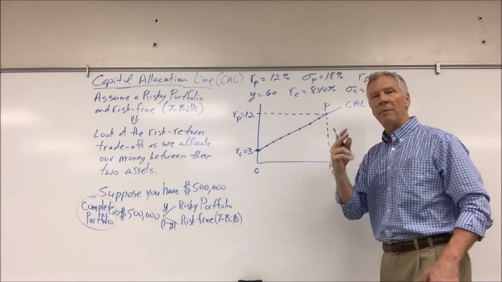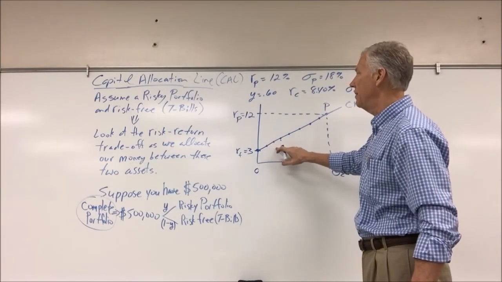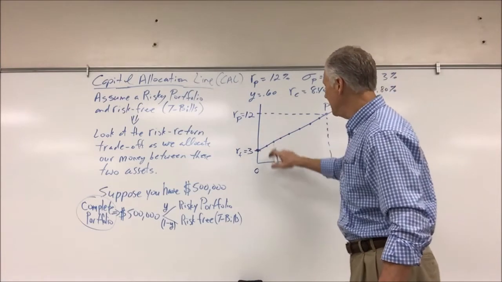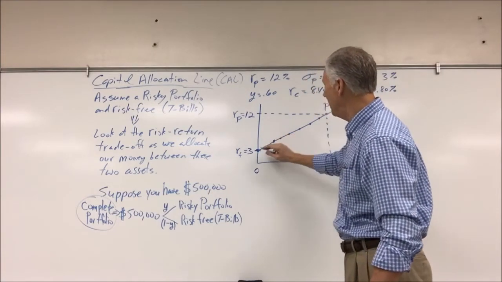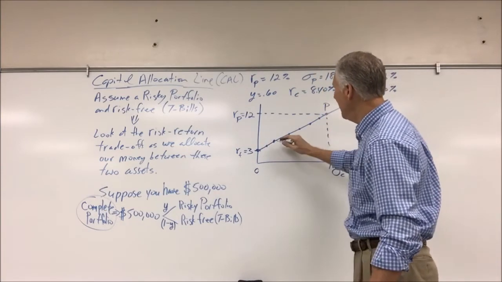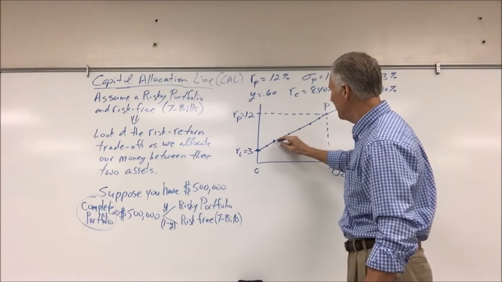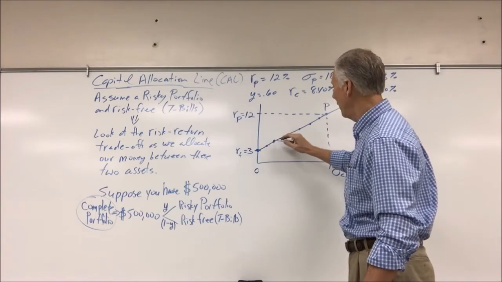Each of these points on this line represent really two different things. A point on this line can represent, obviously, the risk associated with this portfolio. This portfolio is made up of what? Between the risk-free asset and the risky asset. So this point represents the risk-return that you would earn from holding that portfolio.